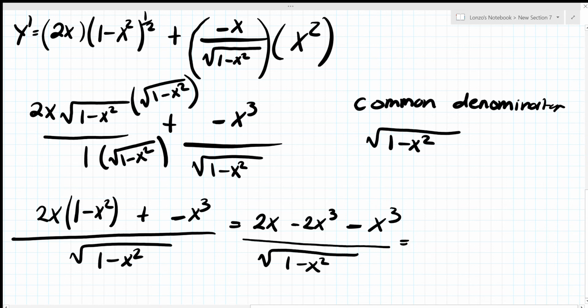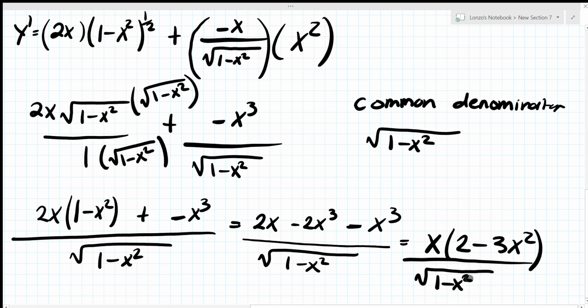Let's see if we can clean this up. I think we can. What can I do here? I can factor out an x. If I factor out an x on the numerator, I get x times 2 minus 3x squared, and then you're left with the bottom, just square root of 1 minus x squared.